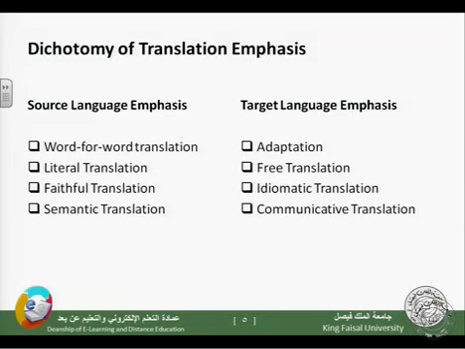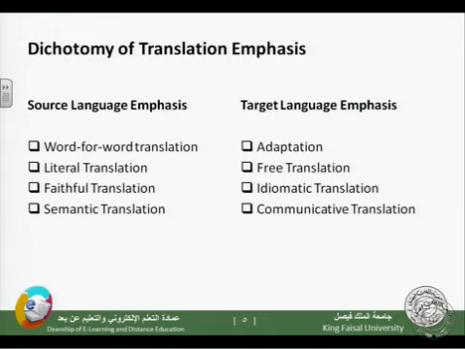Source language emphasis means you want to be biased, in favor of the source language, let's say Arabic.